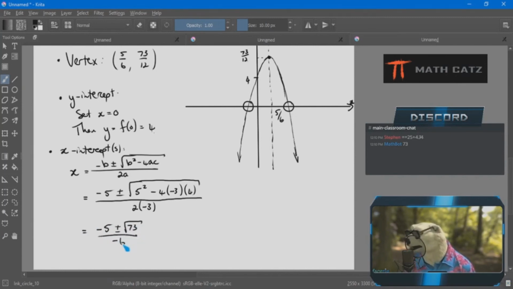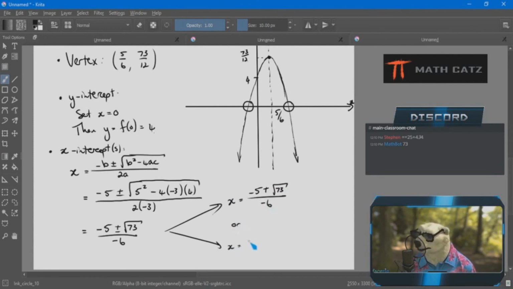And then I have the bottom here, negative 6. So now this shows how it splits into two. One is negative 5 plus root 73 over negative 6. And the other one is negative 5 minus root 73 over negative 6.